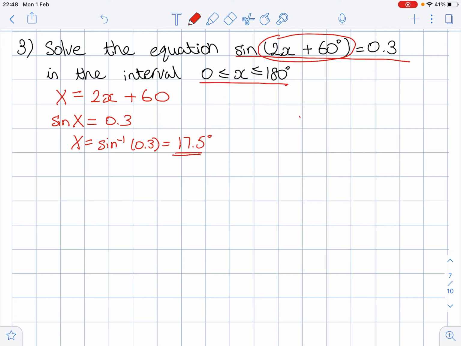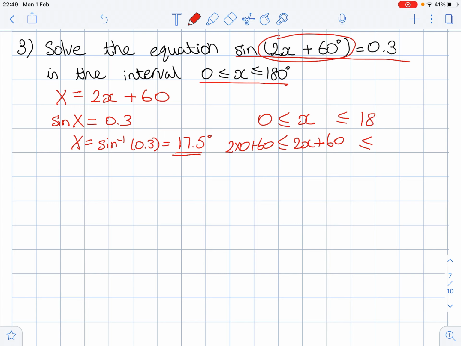Then what I'm going to look at is the range. So I have x, now it becomes 2x plus 60. So what I need to do for both sides, I need to do the same. So I need to do 2 times 0 plus 60.